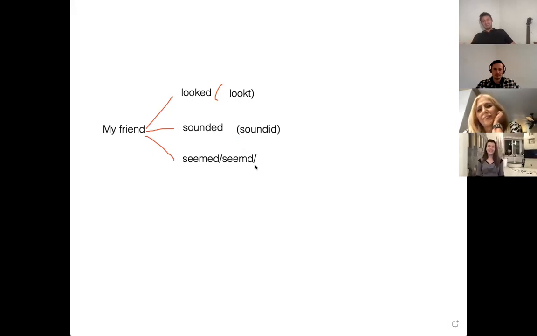Okay. But now, you're going to talk about these options. Then let's say you want to use all of these right here. You can put different things at the end. Now, what if you want to use, let's say, an adjective? How would you put it?